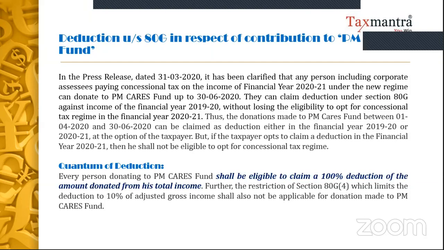Any corporate taxpayer or individual can claim this deduction if they make the payment towards the PM CARES Fund between 31st March and 30th of June, and 100% deduction will be applicable as a donation.